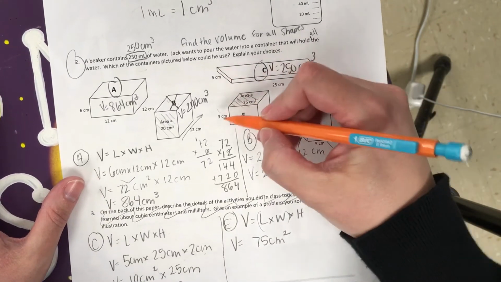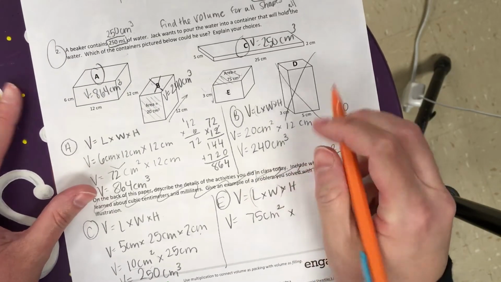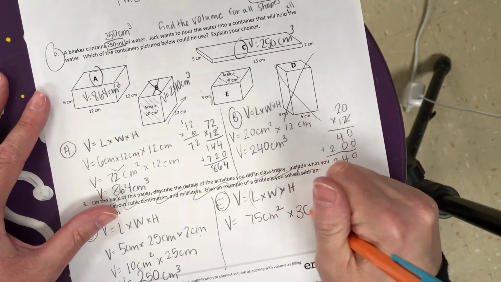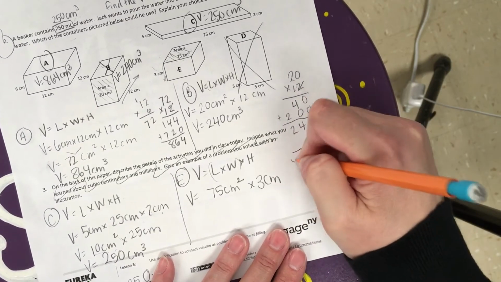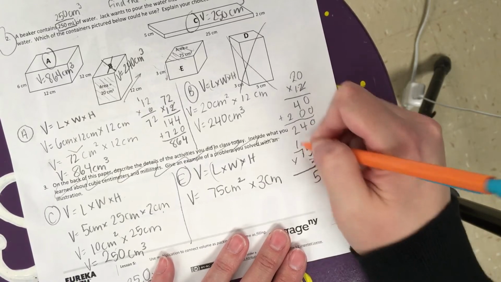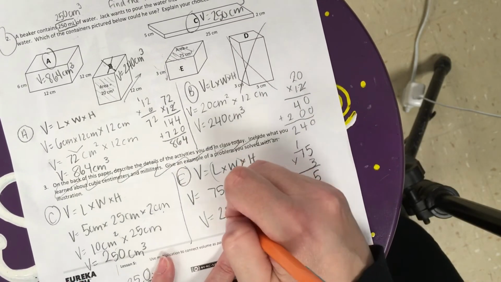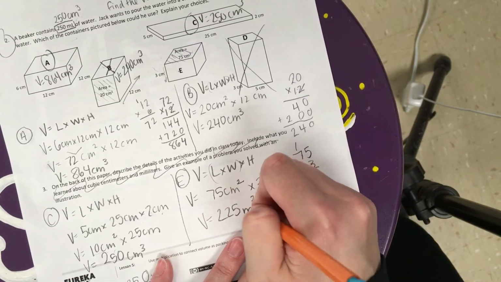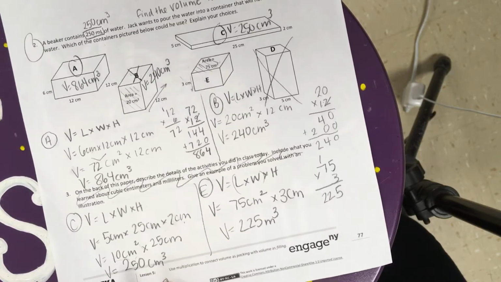So then we just multiply it by the other measurement here. It's 3 centimeters. 75 square centimeters times 3 centimeters. Now I'm going to come over to the side. 75 times 3. 3 times 5 is 15. 3 times 7 is 21. Plus 1 is 22. So my volume here is 225 cubic centimeters, because volume is a cubic measurement.